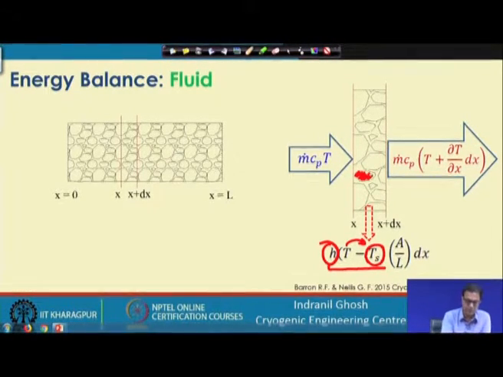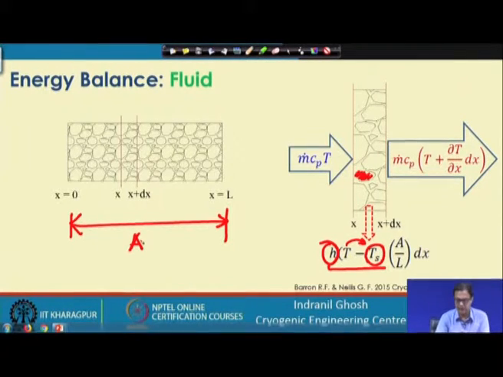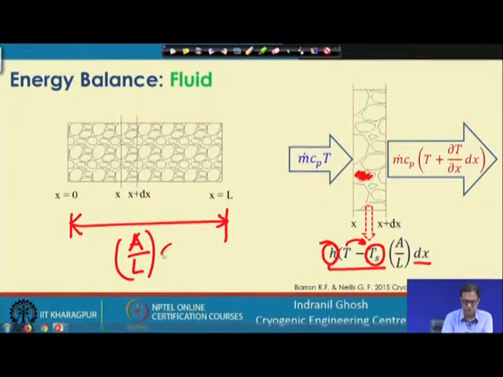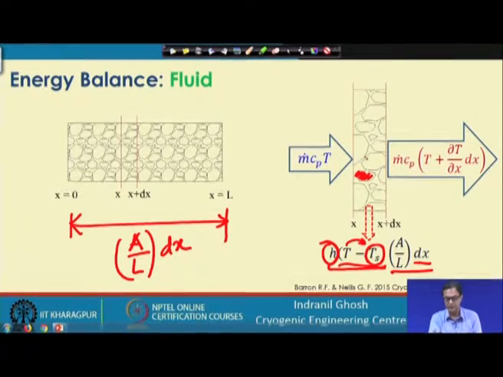For the length L we have some area associated with it, A, so in the length dx we have A by L into dx area associated with this region. So, H into A by L into dx is the area, and multiplied by the temperature difference, that is the amount of heat that will be transferred from the hot fluid to the solid particle.